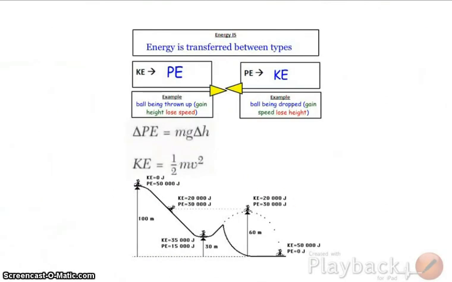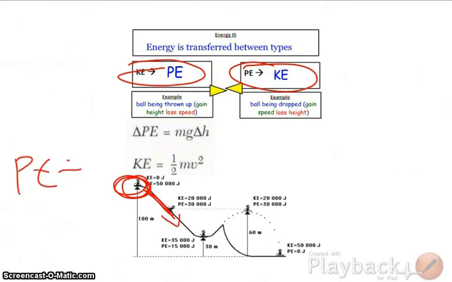And the reason why this happens is because energy isn't created or destroyed, it doesn't suddenly go poof, but it's transferred between types. So kinetic energy becomes potential, and potential energy becomes kinetic. So as you start at the top of the hill and slide down, potential energy becomes kinetic.